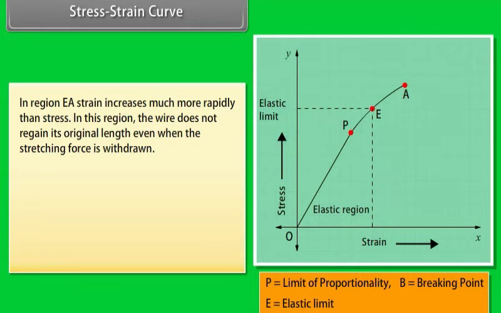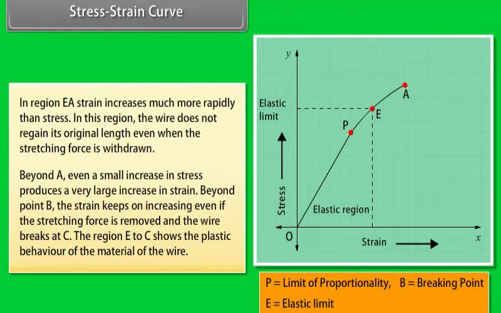In this region, the wire does not regain its original length, even when the stretching force is withdrawn. Beyond A, even a small increase in stress produces a very large increase in strain. Beyond point B, the strain keeps on increasing even if the stretching force is removed and the wire breaks at C. The region E to C shows the plastic behavior of the material of the wire.